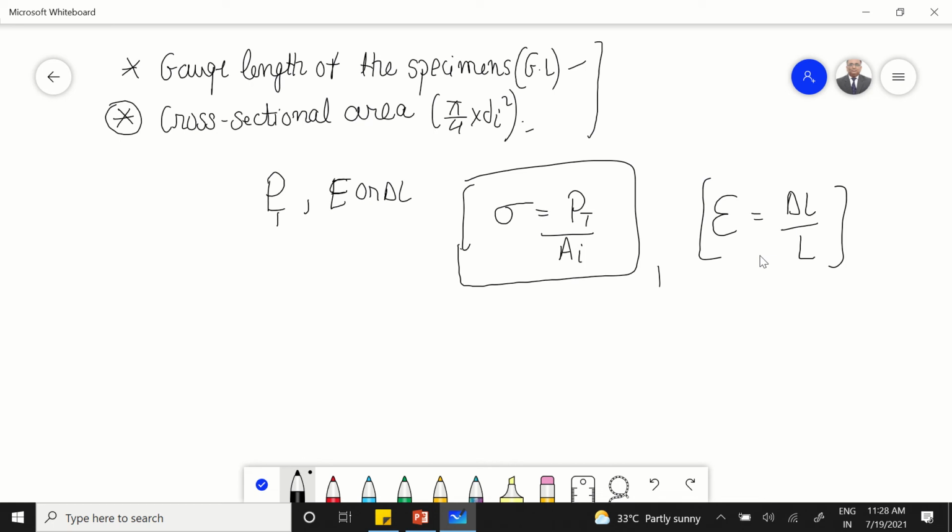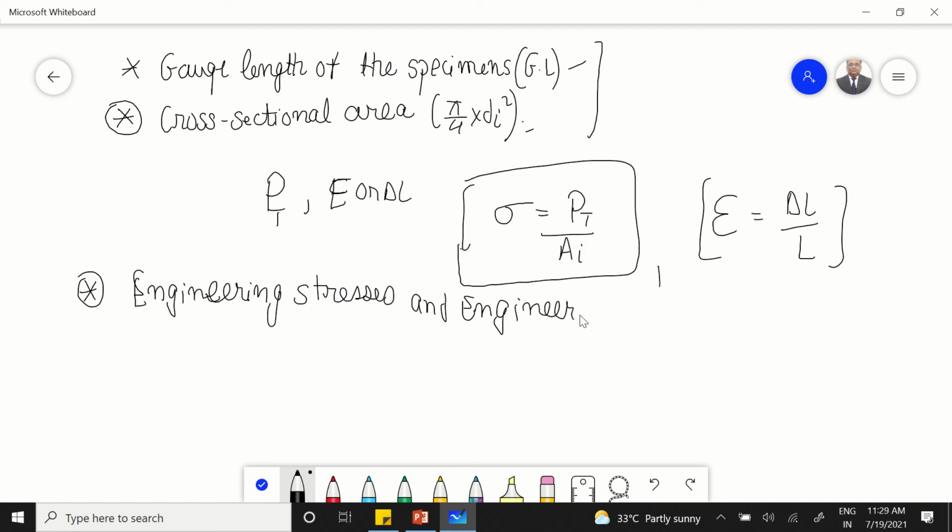Now please remember one more thing. Our conventional stress strain diagrams are actually based on engineering stresses and engineering strains.